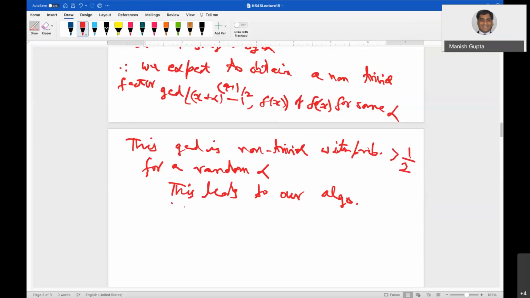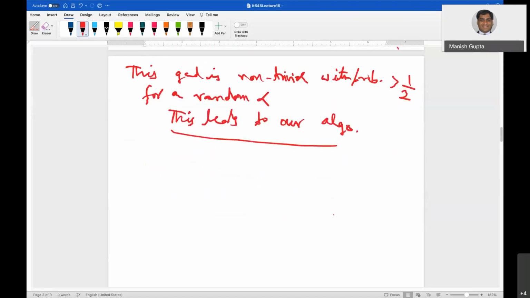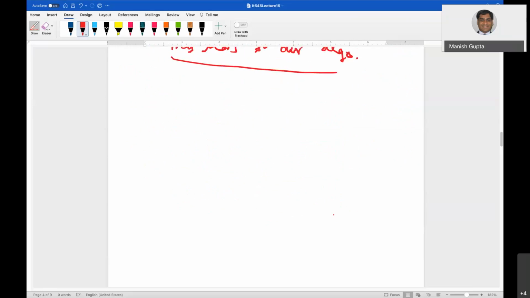Okay, so let me write down the algorithm for you. The algorithm is for finding roots of a monic f of x in Fq[x].